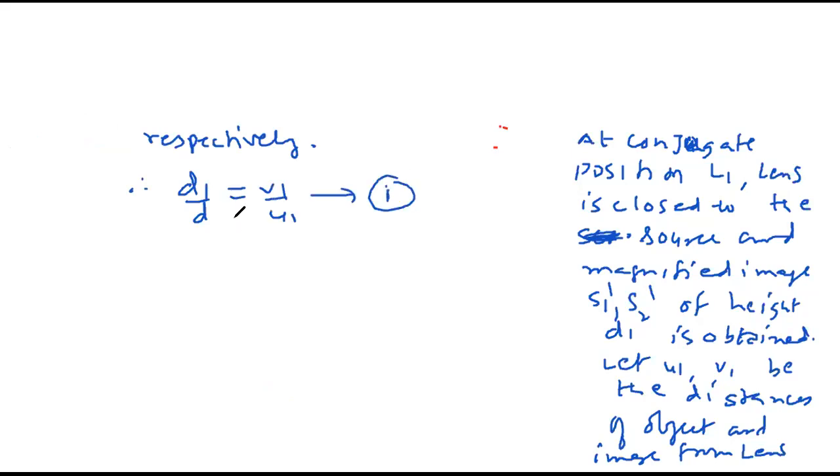Therefore, D1 upon d equals V1 upon U1. This is actually the linear magnification formula.